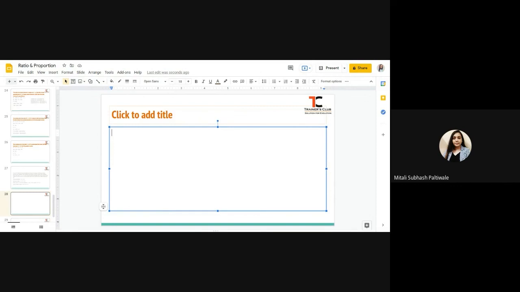Number of men is equal to 45 into number of ratios by 9, which is equal to 10. Number of women is equal to 45 into 3 by 9, which is equal to 15.